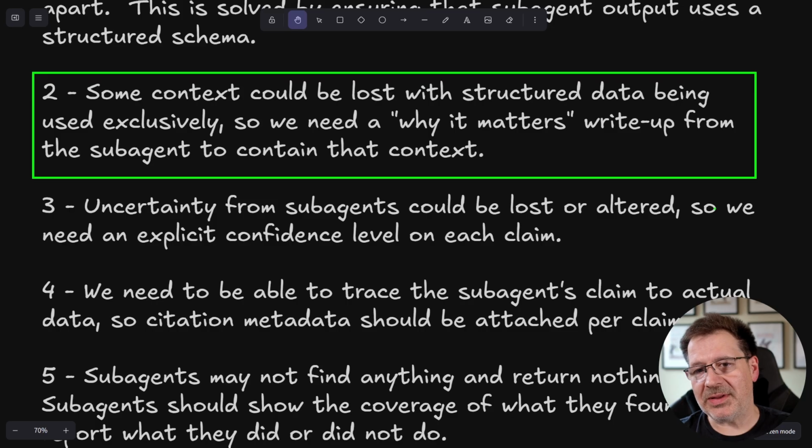But how did it arrive at that? Like, why? And so we need something there that contains that context. Like, how did you get there? And so we can allow that JSON to include some of that open-ended text that we can then rely on to determine whether or not this is really a thing that we want to look at.